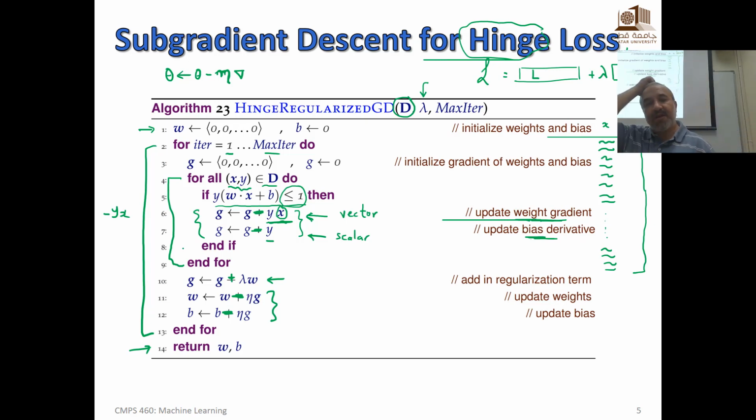What if we change the loss function? Can we use the same algorithm? I think that the only part that will change is updating the gradient. Which lines? 6 and 7.